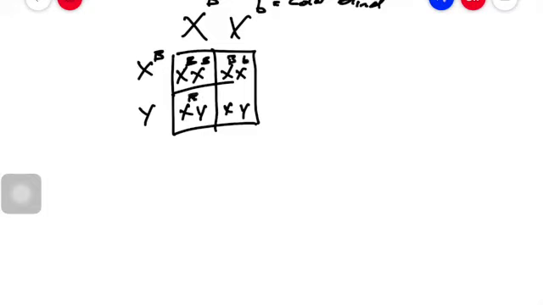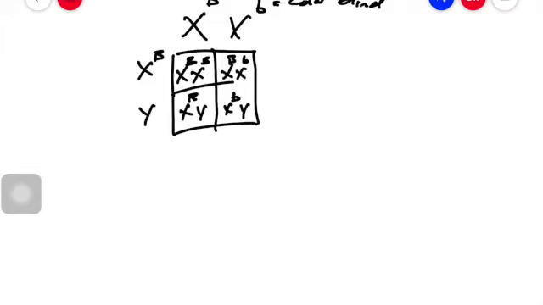This son will be normal, but this son will be colorblind. So there's a 50% chance that you're going to have a boy, and if you have a boy, there's a chance that he's going to be colorblind. So with these two parents, there's a 25% chance that you're going to have a colorblind boy.